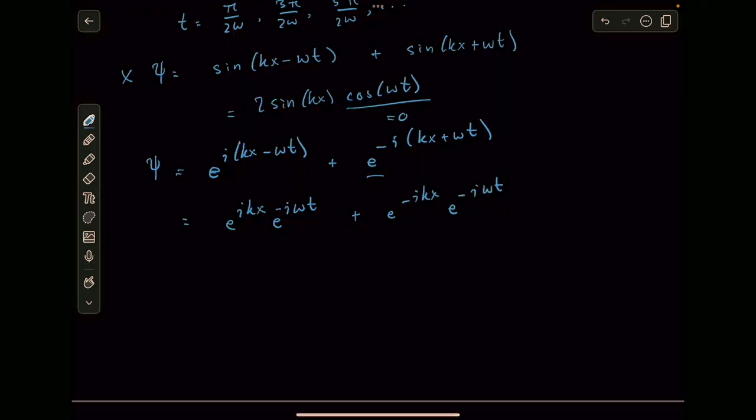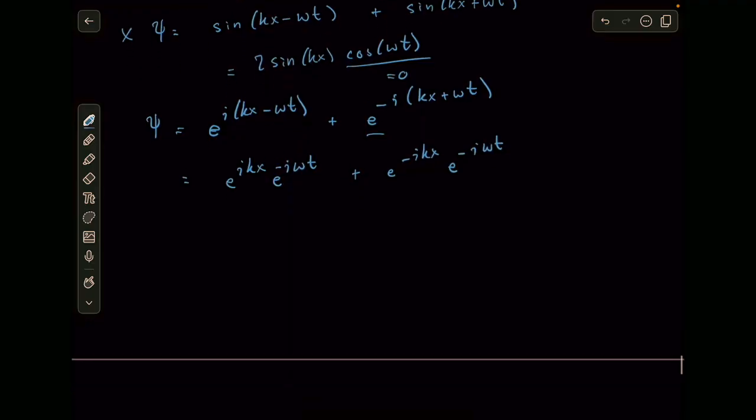We can see that we can factor out this time dependence, so let's go ahead and do that. And we're left with e to the i kx plus e to the minus i kx.